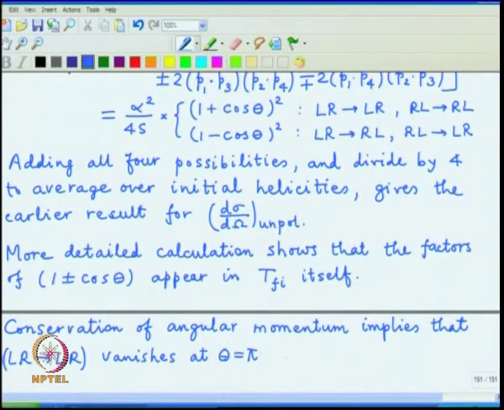It is conserved exactly at theta equal to 0 without any suppression factors. For other angles, there will be something in between.